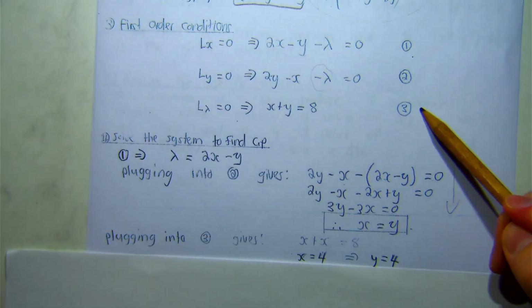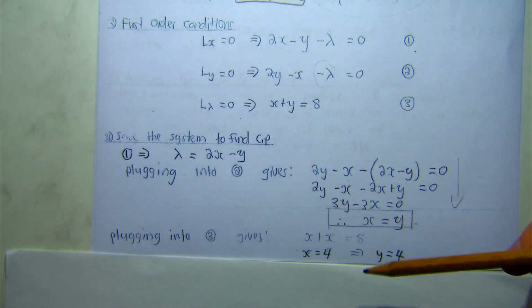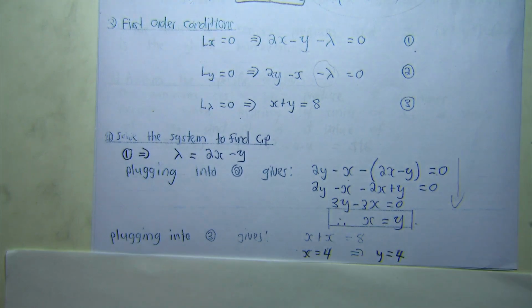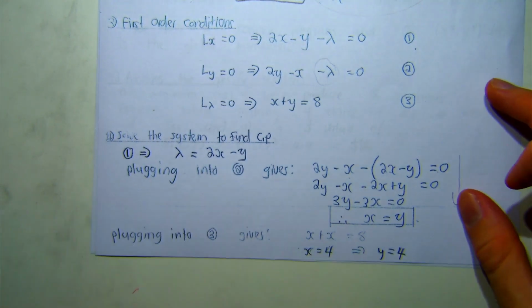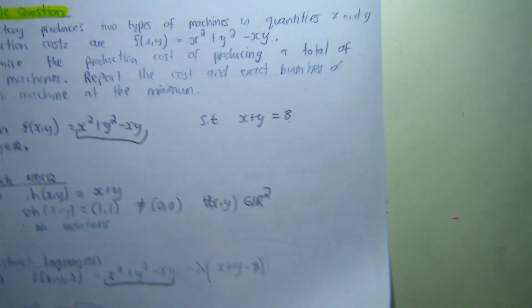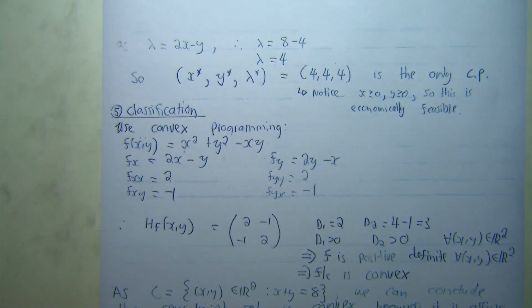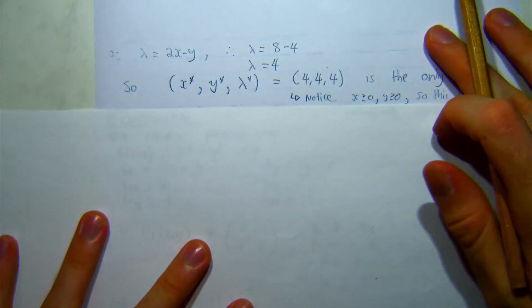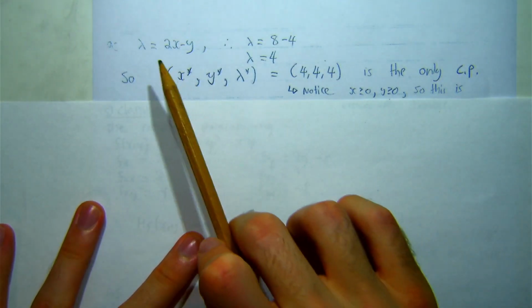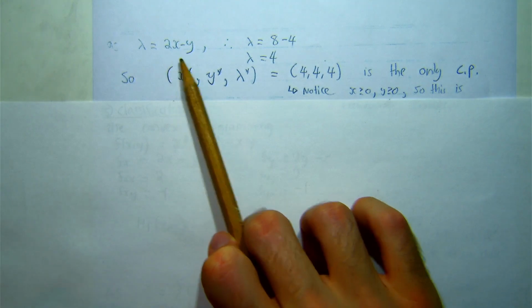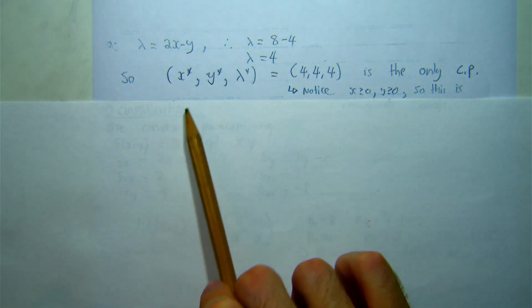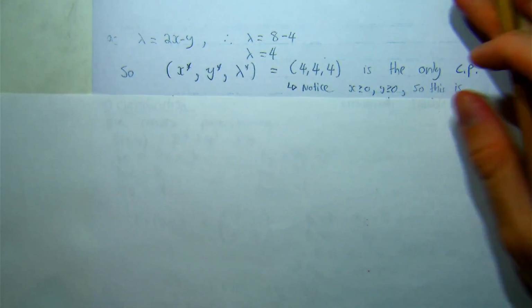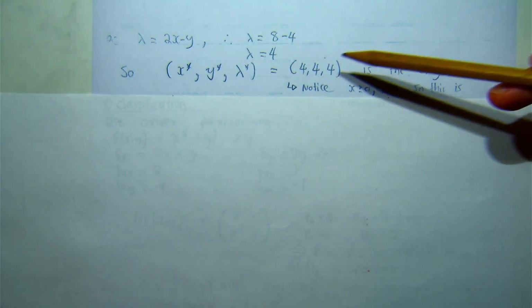Plugging that into equation 3, x plus y is equal to 8, which means x is equal to 4 and y is equal to 4 as well. And if x and y are both 4 and lambda is equal to 2x minus y, that means lambda is 4 as well. Therefore, we've got a critical point of the Lagrangian, which is (4, 4, 4).